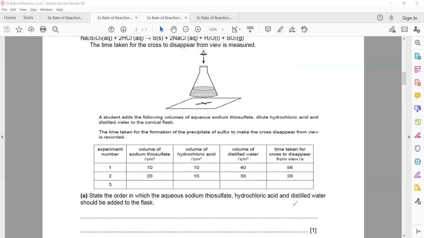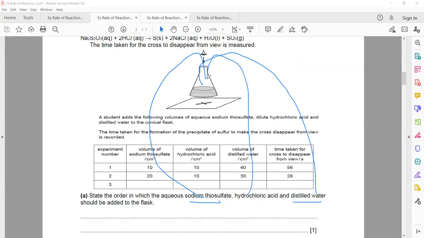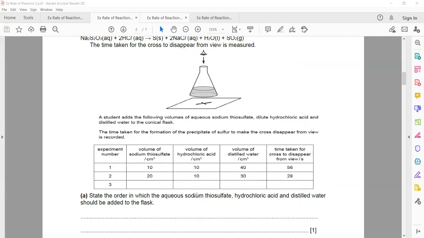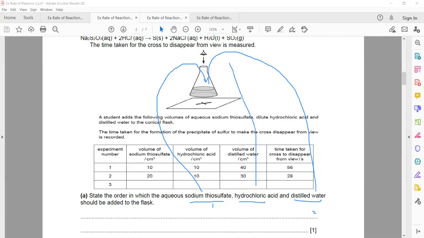So you can add water first, then you add thiosulfate, and at the last you add hydrochloric acid. This is one combination. Or you can add thiosulfate, add distilled water second, and at the last add hydrochloric acid.